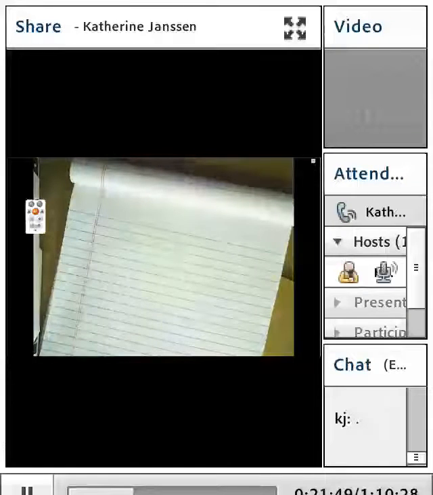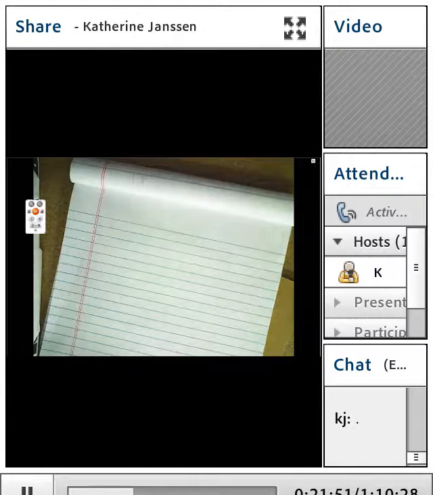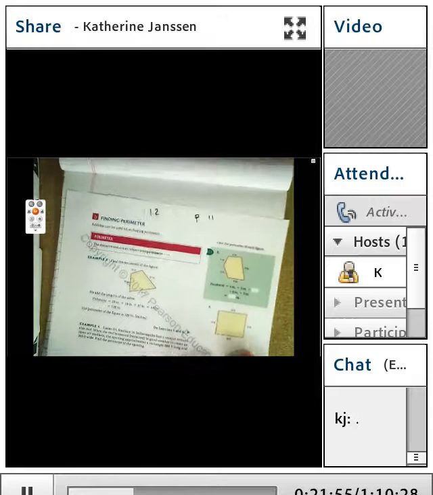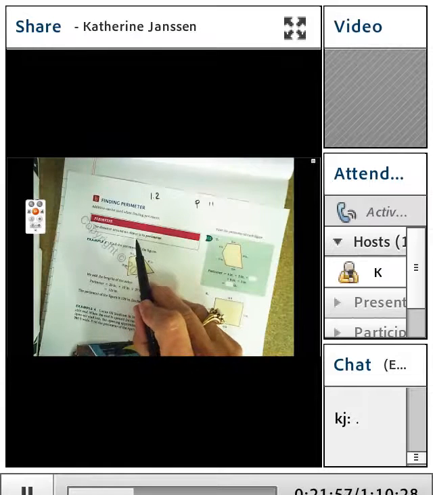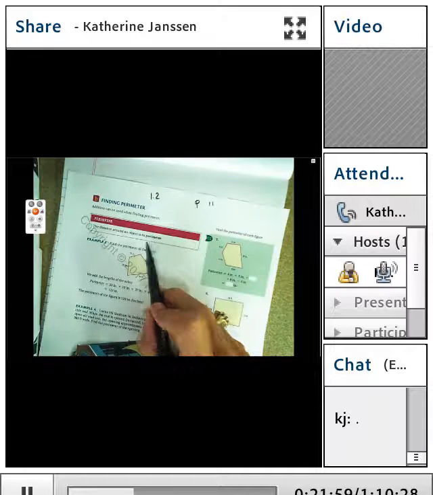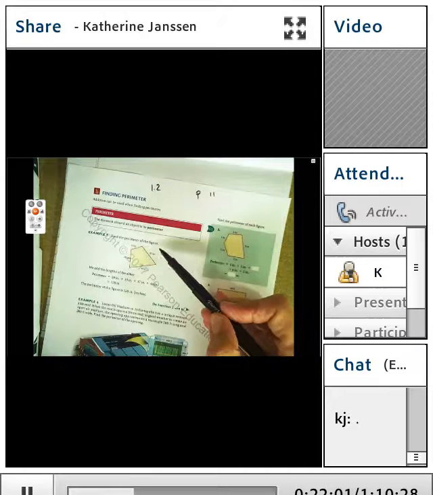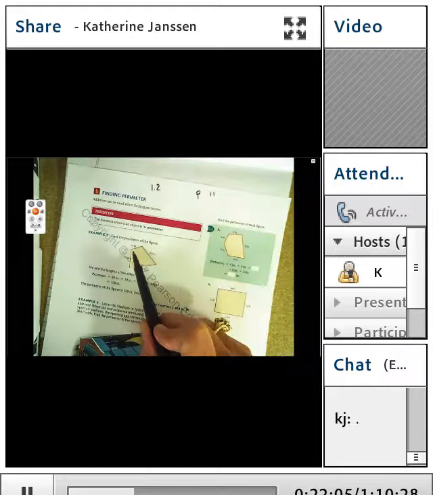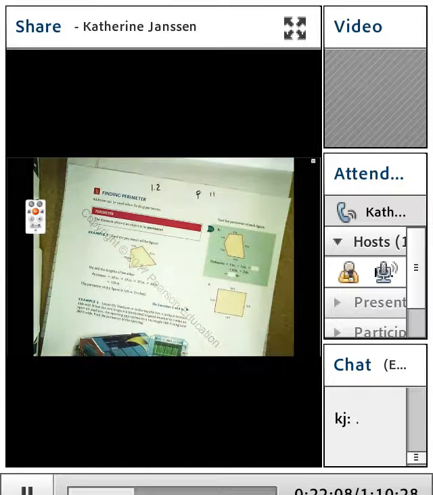On page 11, we're introducing perimeter. The perimeter is the distance around an object. We're asked to find the perimeter of this object. We're going to add the lengths. I'm carefully going to start at some location.